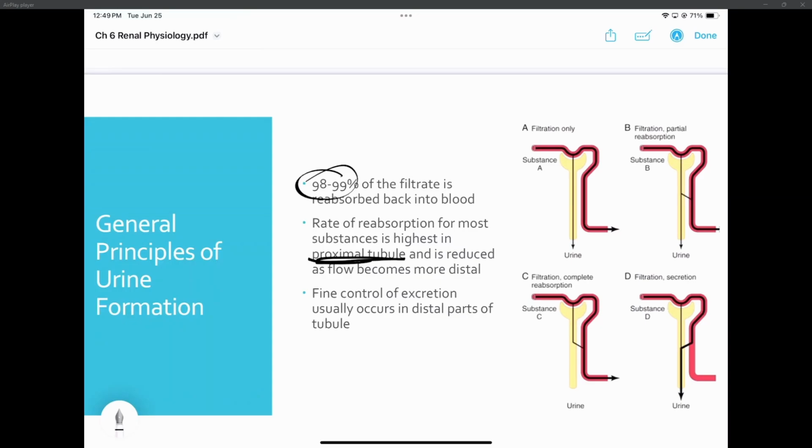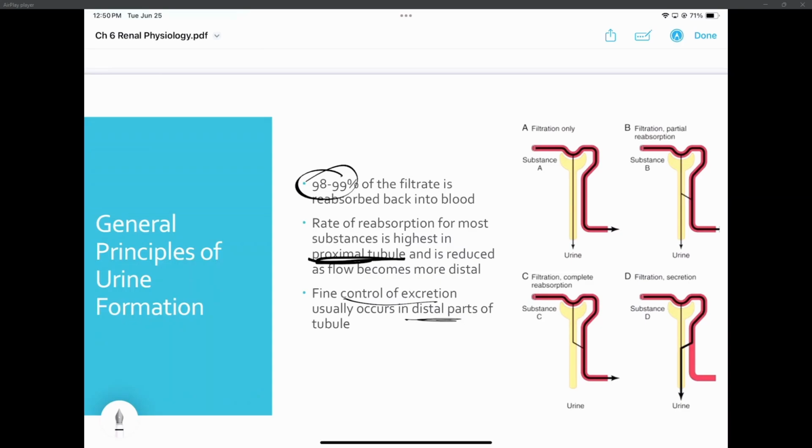Same thing with the kidneys. In the first area, the proximal tubule, we get a lot of reabsorption back. As you get to the later parts, smaller and smaller amounts get reabsorbed. So the fine control of excretion is in the distal parts of the tubule.